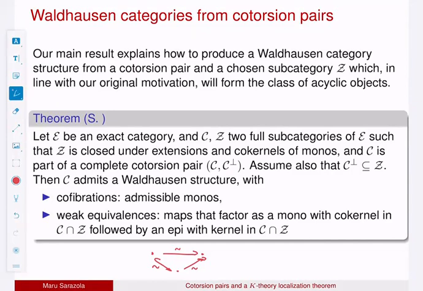And it's not a trivial thing to do. Imagine if you're used to working with model categories, imagine you grabbing two factorization systems. So you have a notion of trivial cofibration and a notion of trivial fibration, and then saying, okay, let's define the weak equivalences as the maps that factor as a trivial cofibration followed by a trivial fibration.